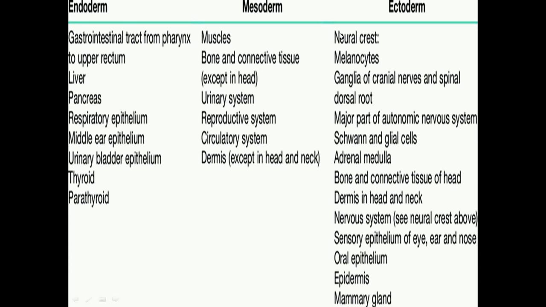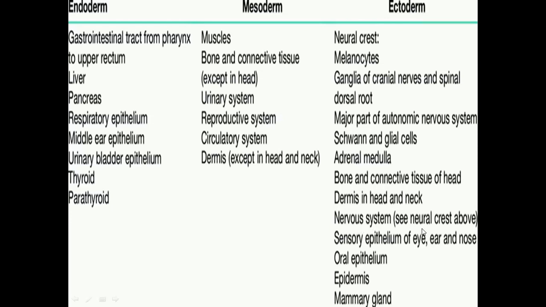The ectoderm becomes the neural crest cells. Melanocytes, ganglia, cranial nerve cells, dorsal root, a major part of the autonomic nervous system, Schwann and glial cells, adrenal medulla, and connective tissue are derived from it, mainly the skin and nervous system.